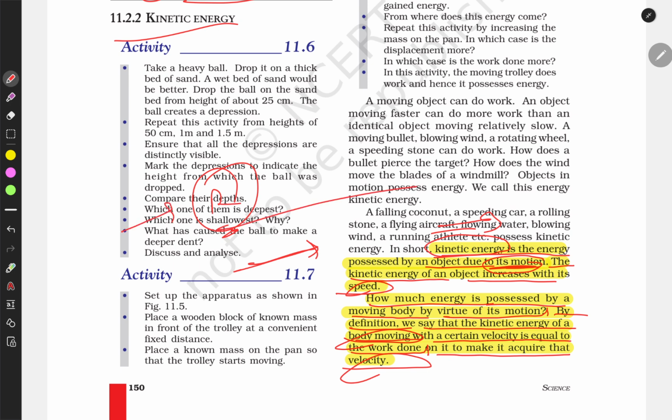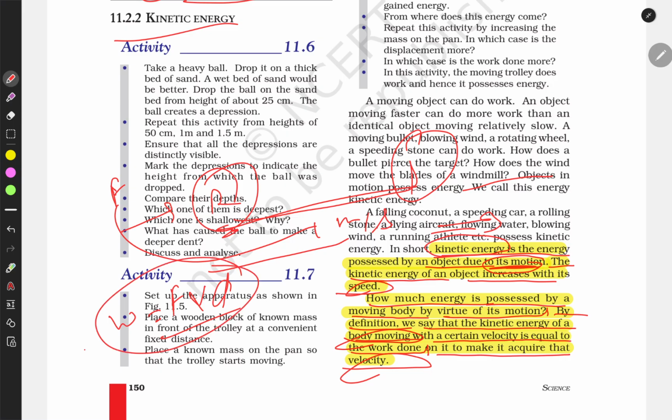I give it a force, and it is displaced by 1 meter, with the constant force acting on it. The work we do, W equal to F times displacement, will be its kinetic energy.